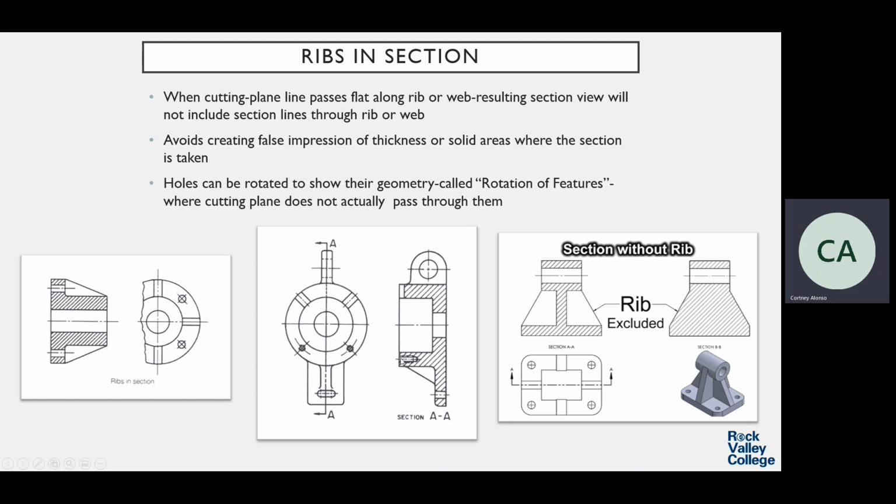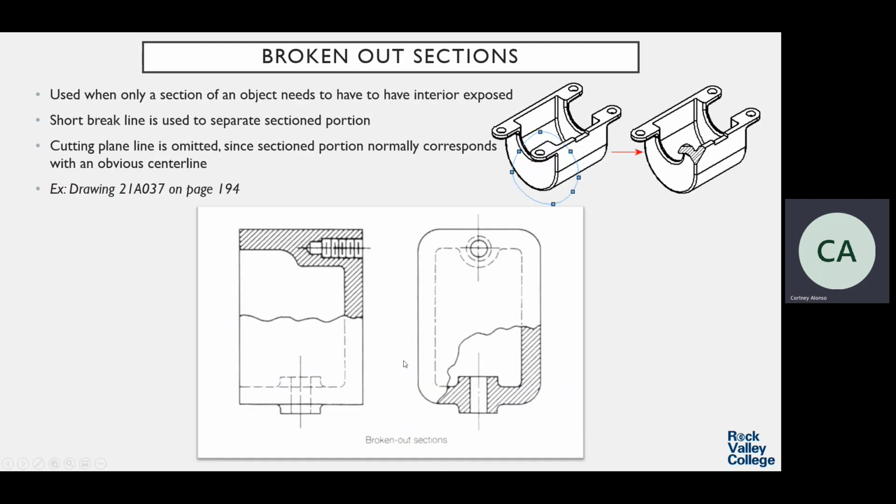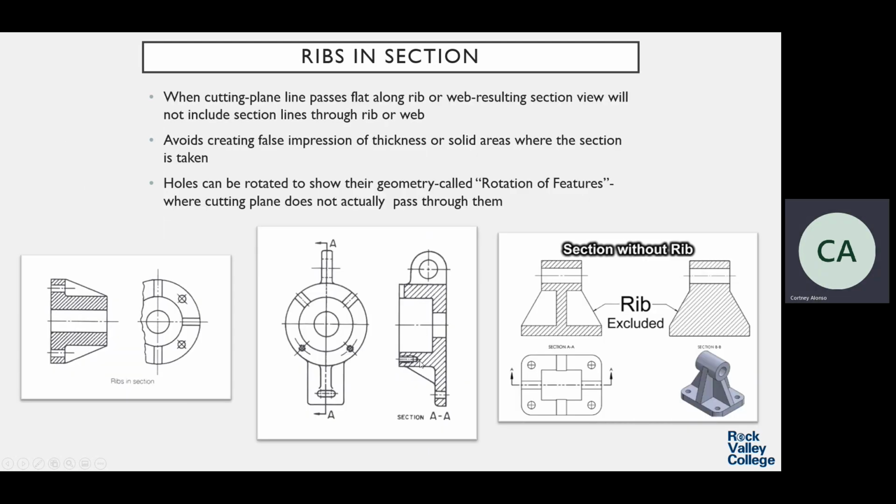In this case, you see that this hole was not in the cutting plane line, so they added it here to show that information, to make sure the viewer can machine that part accurately. Again, you never have hidden lines in a section view, so this is a way to show the information without using those hidden lines.